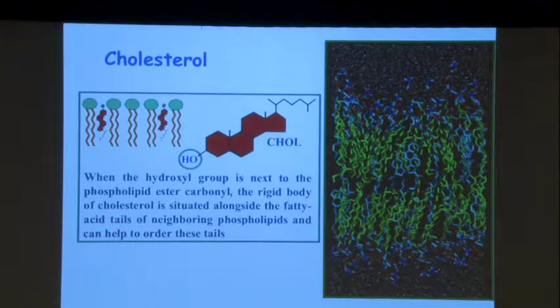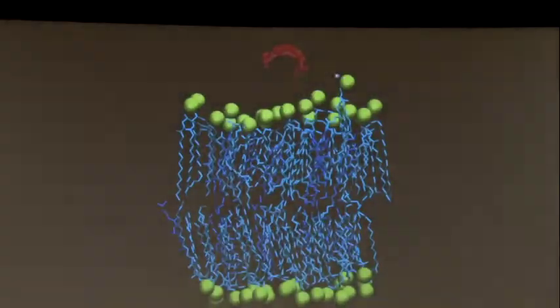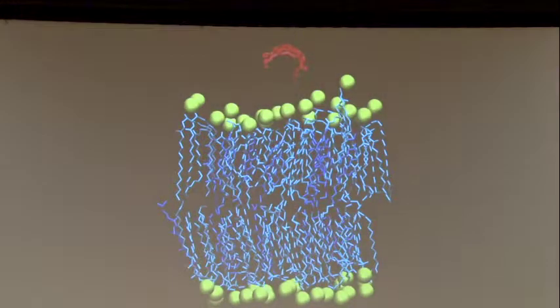And so the question that we were thinking is, when you expose a cell to a nanoparticle, for example, will they go through? And what are the characteristics of this nanoparticle that you are interested in? So in molecular dynamics simulations, this is the lipid bilayer I just mentioned, and now I color-coded it a little bit differently so it's easier to see. And again, the darker green, blue is the cholesterol.